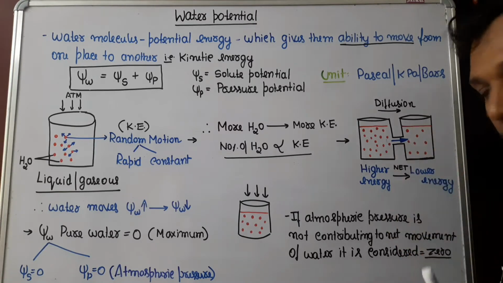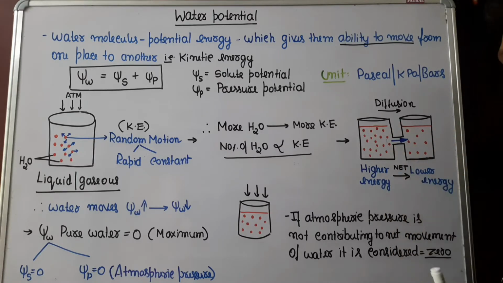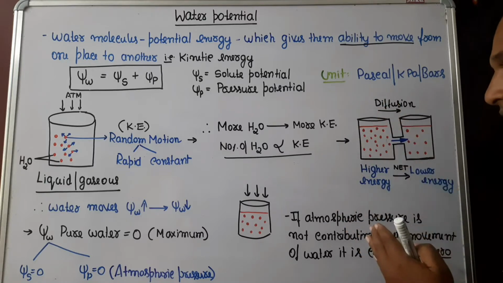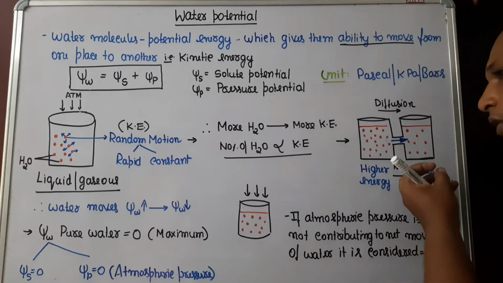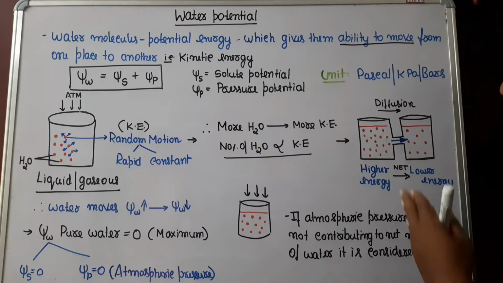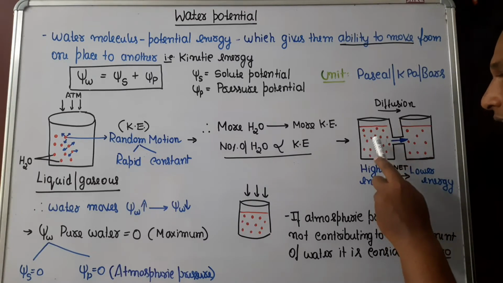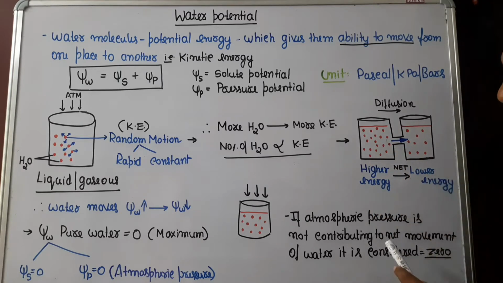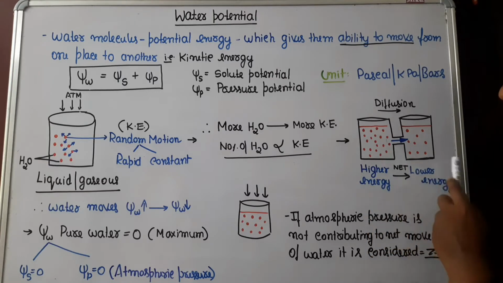What will happen if you connect such systems where there is a difference in the number of water molecules? As I mentioned, the more the number of molecules, the more the kinetic energy, or we can consider the more the free energy of the system. The fewer the water molecules, the lesser the kinetic energy, the lesser the free energy. So water moves from the region where there are more water molecules to the region where there are fewer water molecules, or from a region of higher energy to a region of lower energy.